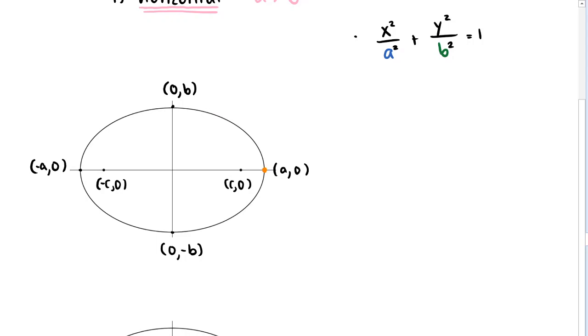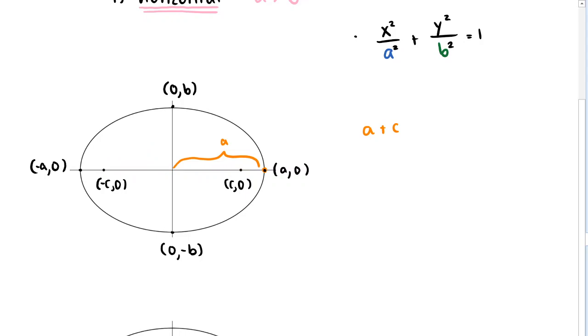What distances do we get between the foci and this point? The distance from negative c comma 0 to a is a plus c.